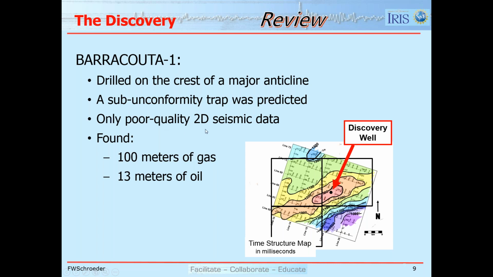The work was done on poor quality 2D seismic data. When they drilled the well, they were fortunate enough to find a 100-meter gas column and a 13-meter oil column. So that was promising enough that they decided to continue work in this area.